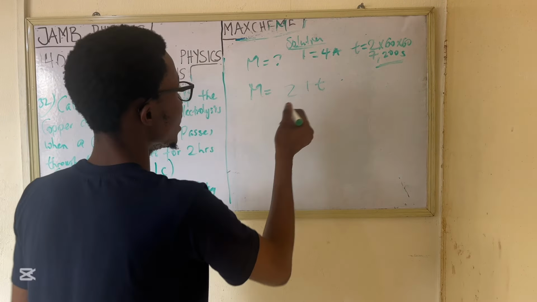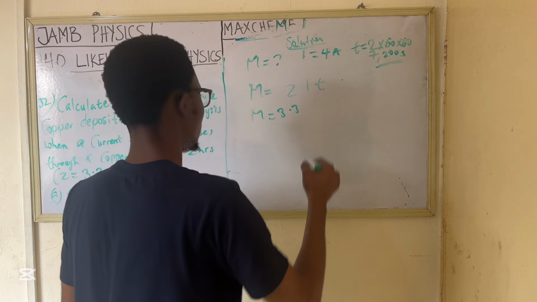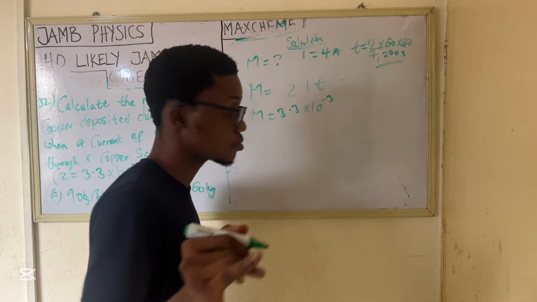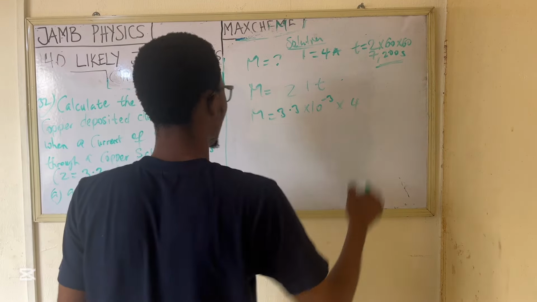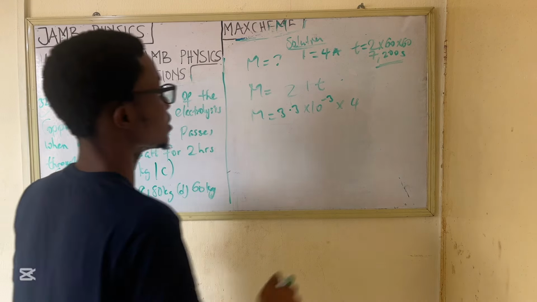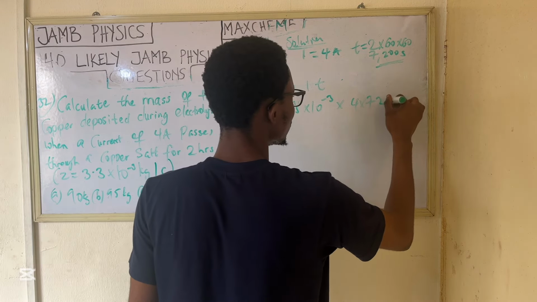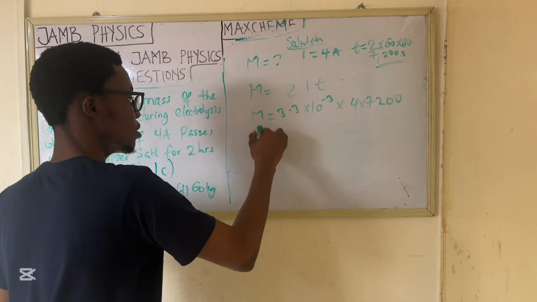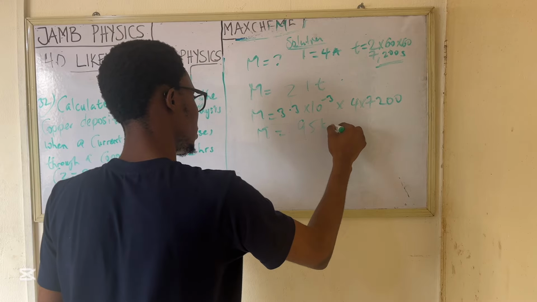Now look at this. m equals 3.3 times 10 raised to the power minus 3, that is the electrochemical constant Z, times our current, which is 4, times the time, which is 7,200. If you multiply everything, it will give you 95 kilogram.